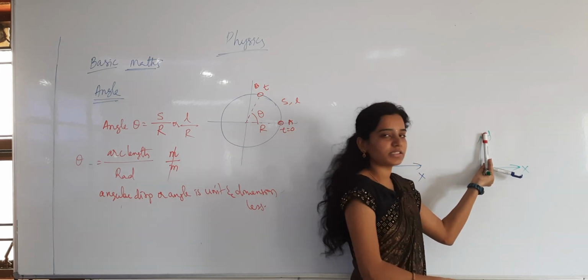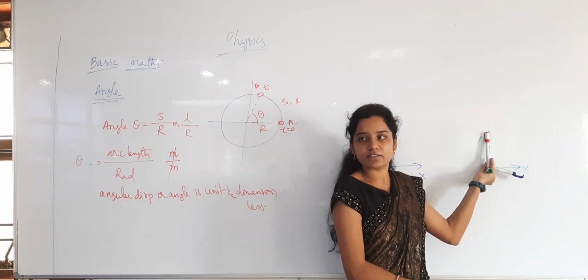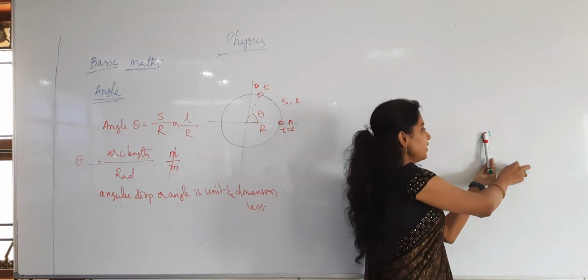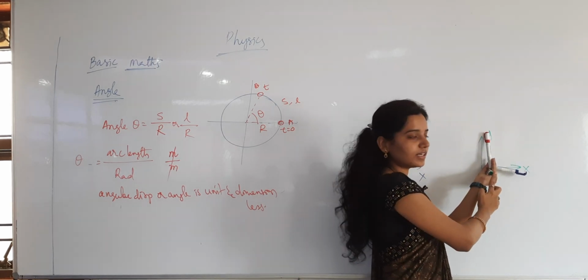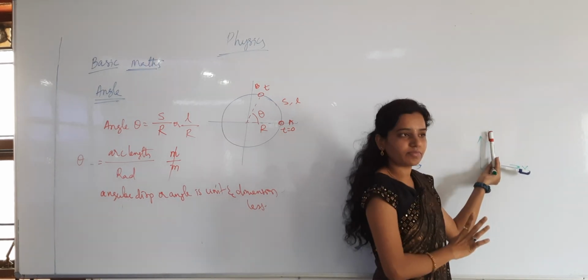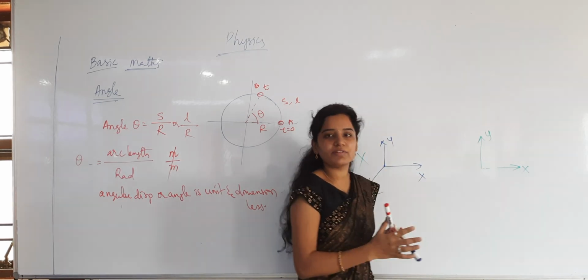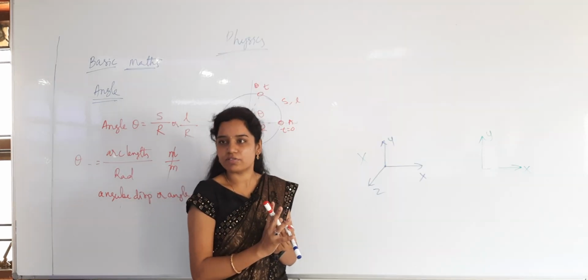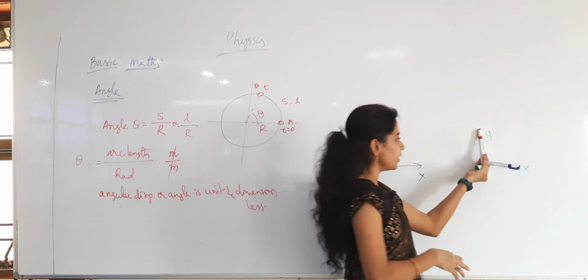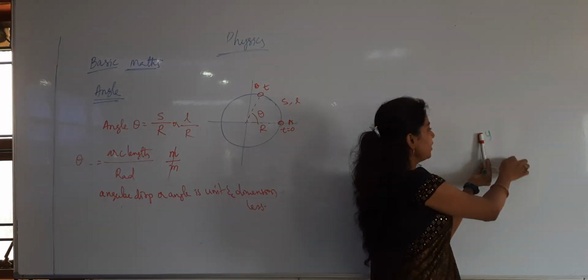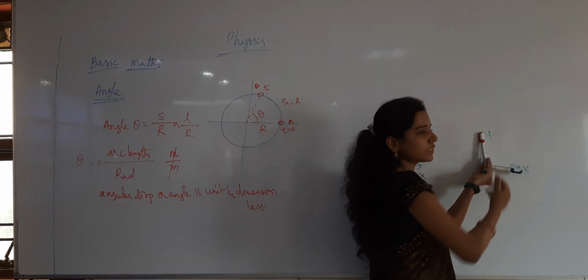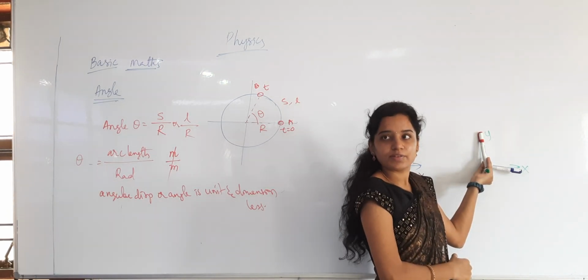Always the 3 axes will be perpendicular to each other. Either xy, or xz, or zy, always perpendicular to each other. The angle between them is how much? 90 degrees always. So whenever the body is moving only from here to here in this dimension, we can say that it is moving in 2 dimensions.